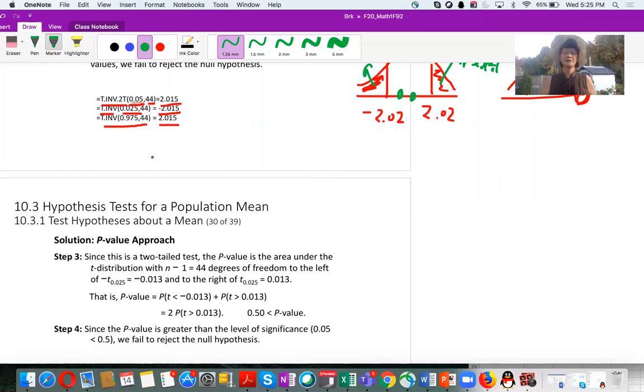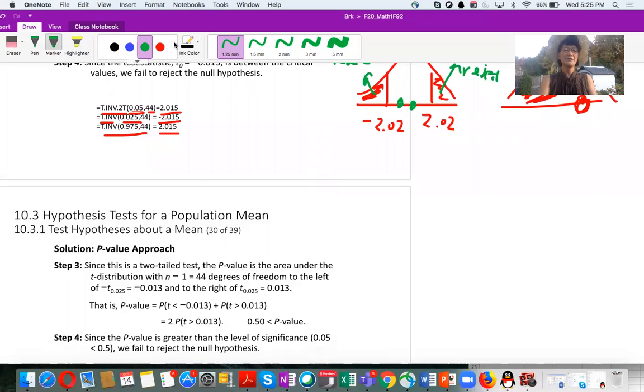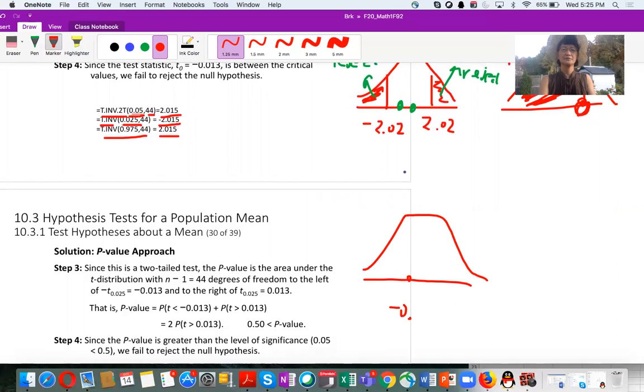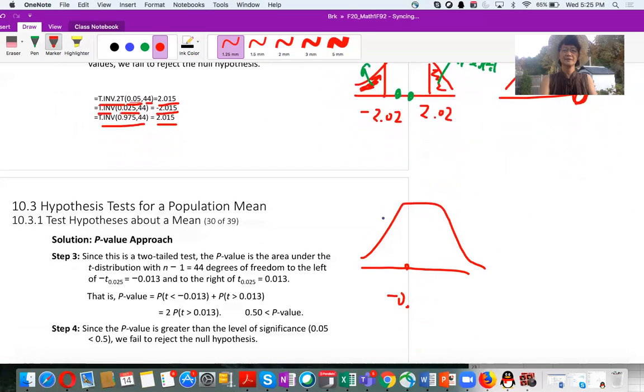Next, we present the p-value approach. When you do the p-value, you need to find the area. What is the p-value? P-value is the area corresponding to the test statistic. Remember, our test statistic is negative 0.013.